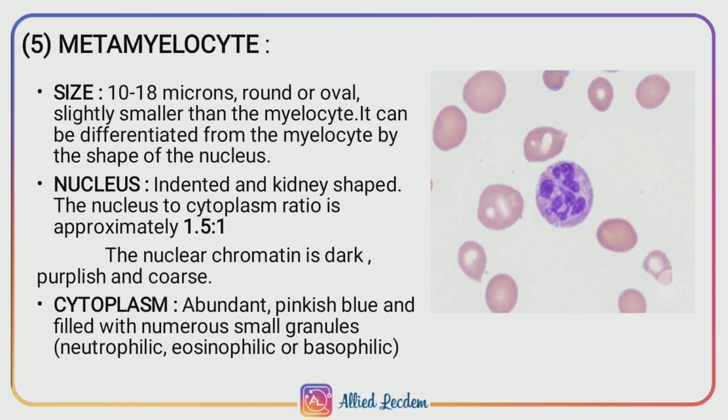The nucleus to cytoplasm ratio is approximately 1.5:1. The nuclear chromatin present here is dark, purplish and coarse. Then cytoplasm is abundant and stained pinkish blue color and filled with numerous small granules.